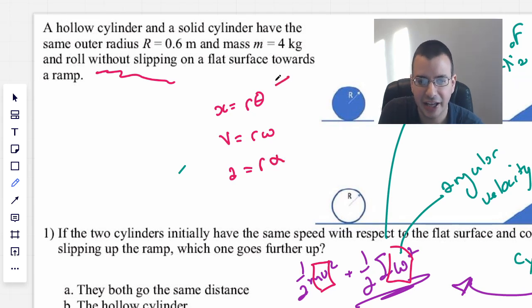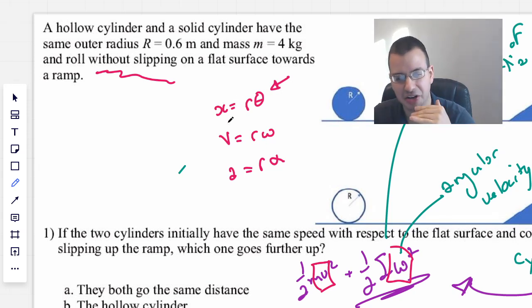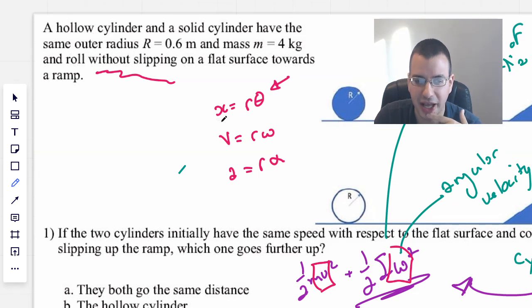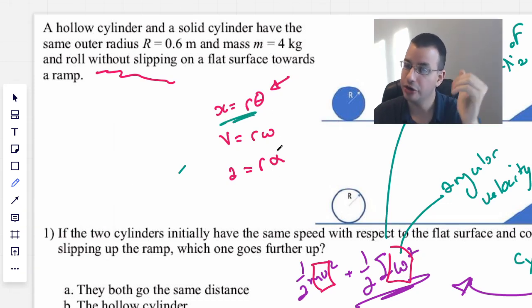This is the angular version of the kinematic equation components. We have distance, speed, and acceleration, and angular distance, angular speed, angular acceleration. This is just a mnemonic that I use.